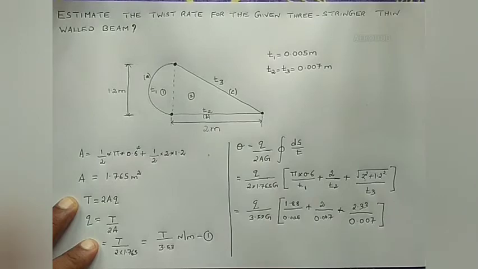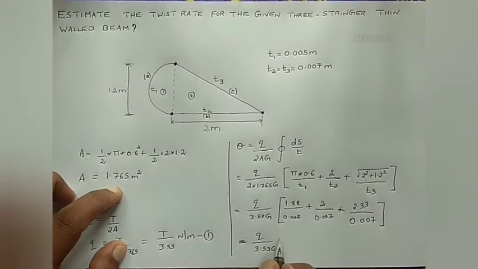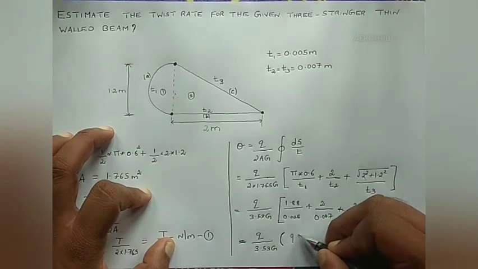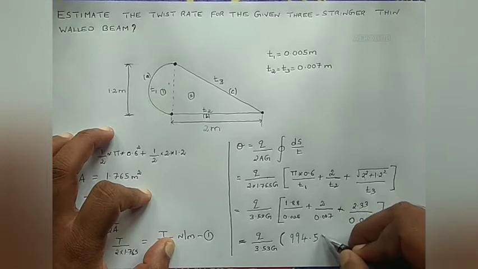Now you have to simplify the equation and I will get a value. So I will be getting Q by 3.53 G, the total value will be 994.5671.